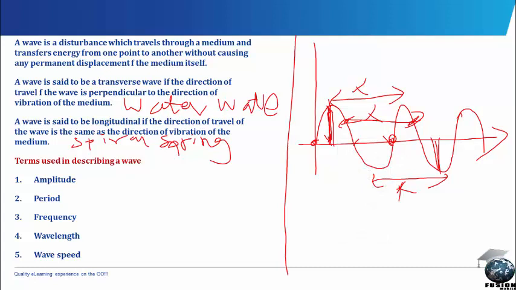The time taken to move from here to here is what we call one cycle or one period. The time taken to reach there is called one period, while the distance itself is considered a cycle. Wave speed is the total distance covered by the wave in a given time.